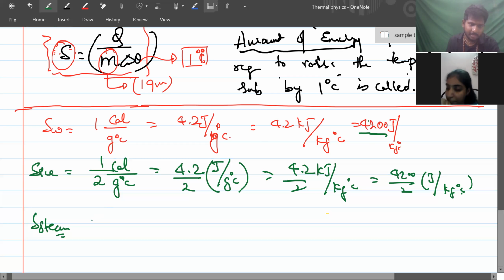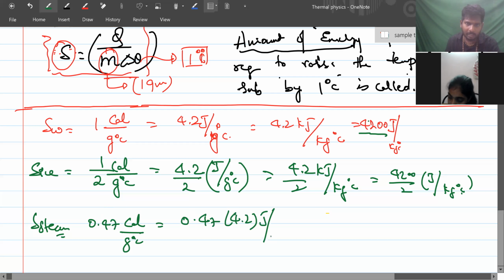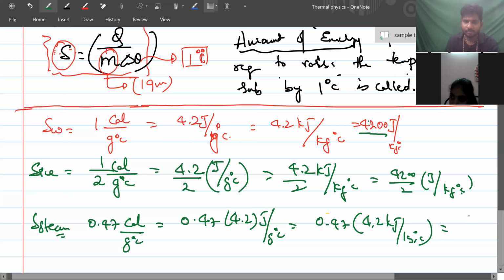So the specific heat of steam is 0.47 calorie per gram degree Celsius, that is equal to 0.47 into 4.2 joule per gram degree Celsius, that is equal to 0.47 into 4.2 kilojoule per kg degree Celsius. Are you getting how I am writing? So these are the values. You can make note of them.